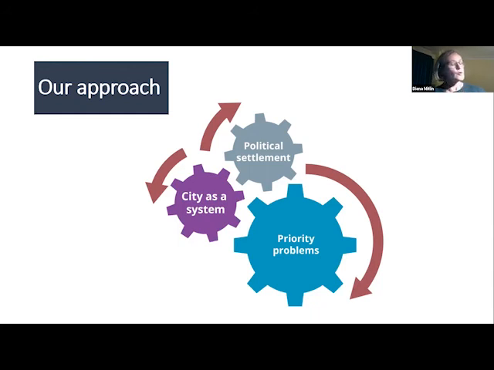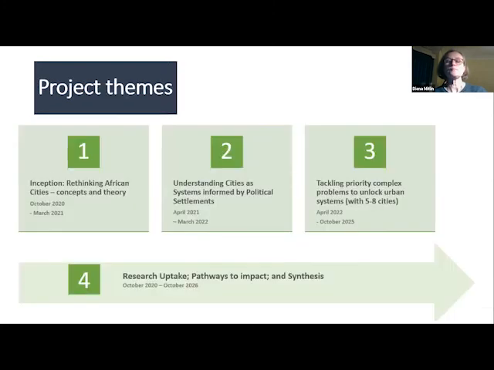I'll say a little bit more about that in a minute. So the idea is that we bring together the work on political settlements, combine it with an understanding that development interventions in an urban context have got to think across sectors with some level of integration in the way they move forward. Bring those things together and address identified priority complex problems. Now we have 4 themes through which we have to do that. We've just started.